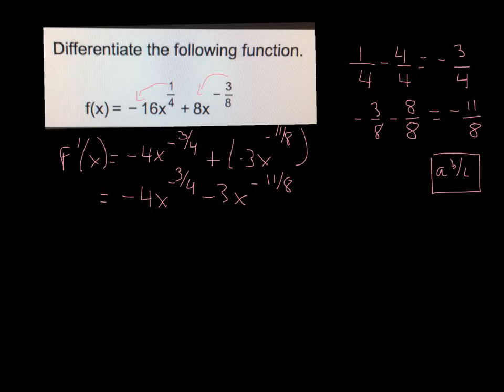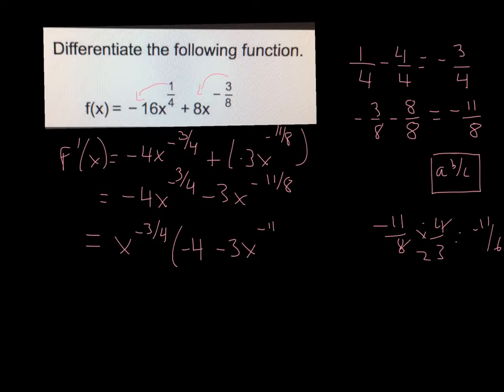In this case, the lowest exponent is negative 3/4, and so we could write that as a common factor, x to the negative 3/4, and we would have negative 4 in this case, and then negative 3x, and we would have to divide negative 11 over 8 by negative 3/4, which really means that we are multiplying by 4/3. And so that would give us negative 11 over 6 for that exponent. I'm not sure if you have to go that far or not for your econ, but that would be sort of the final simplified answer.